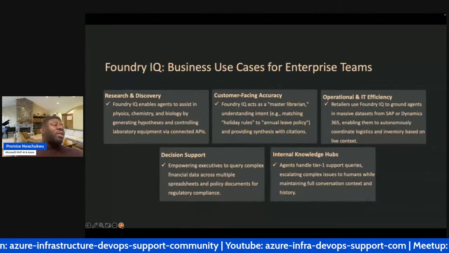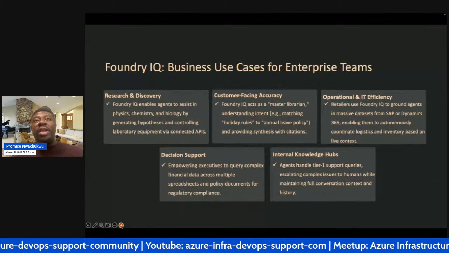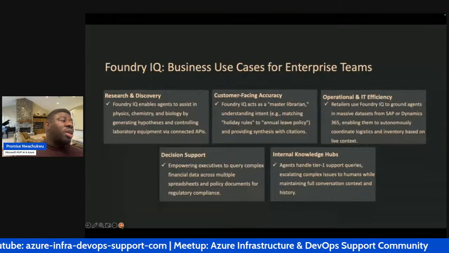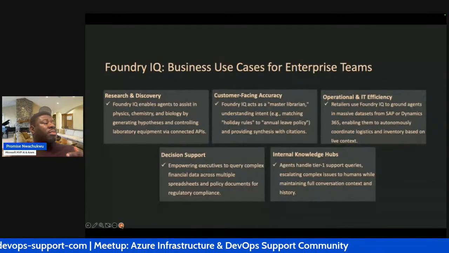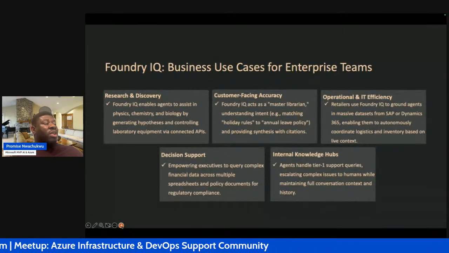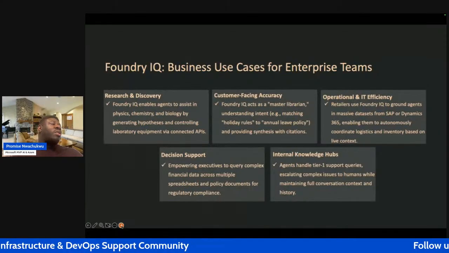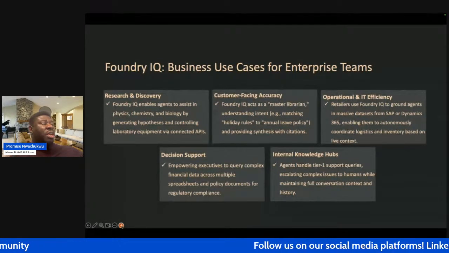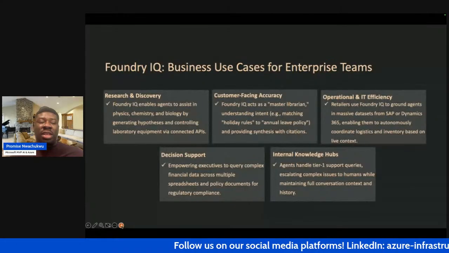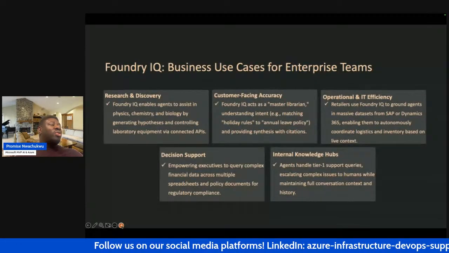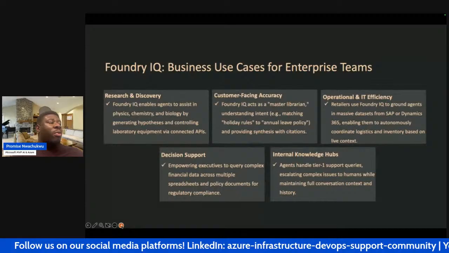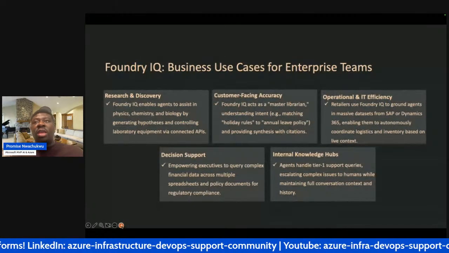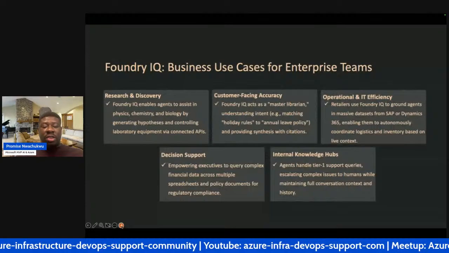Some of the use cases you'll find where Foundry IQ is being used is, well, you can see Foundry IQ coming when you, for instance, need assistance with your physics, chemistry, biology hypothesis, and controlling laboratory equipment via connected APIs. This is where you can actually bring in Foundry IQ.